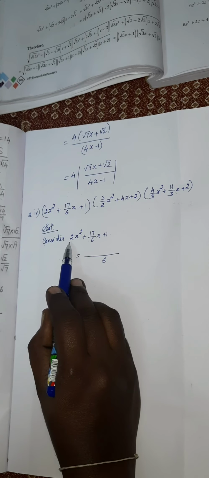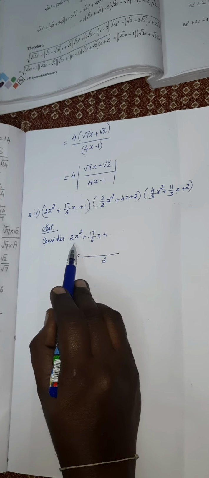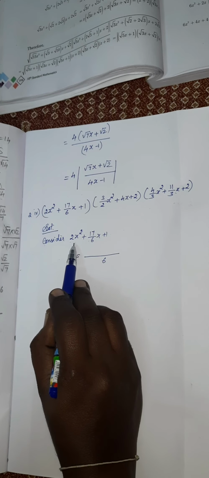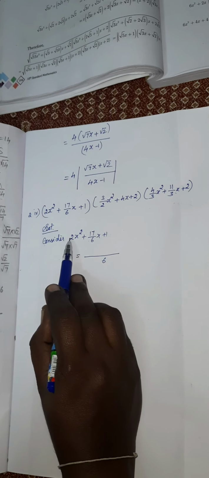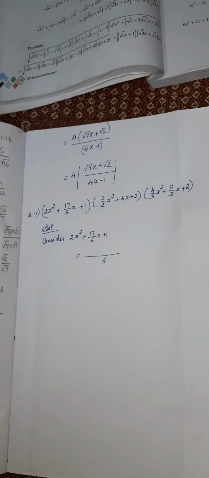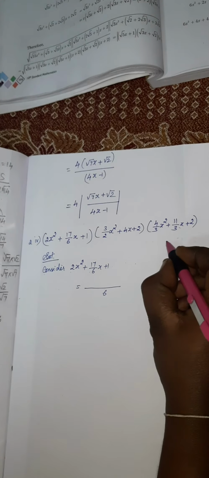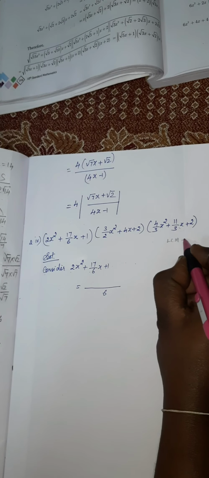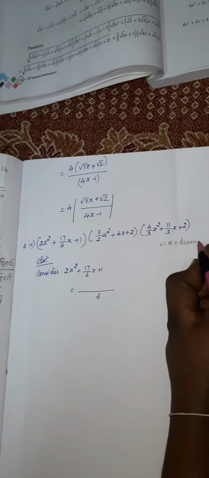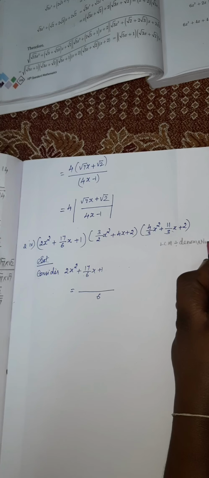Since the denominator for the first term is 1, the LCM divided by 1 is 6. So 6 into the numerator 2 is 12. So we need LCM divided by denominator, and with that value we multiply the numerator.